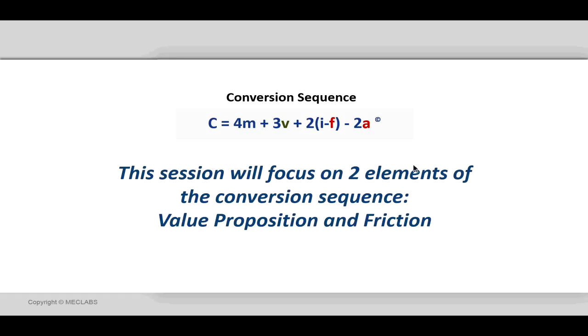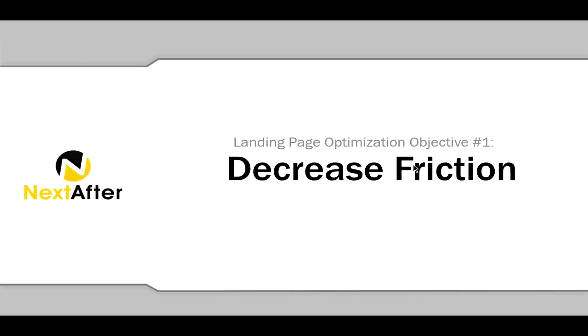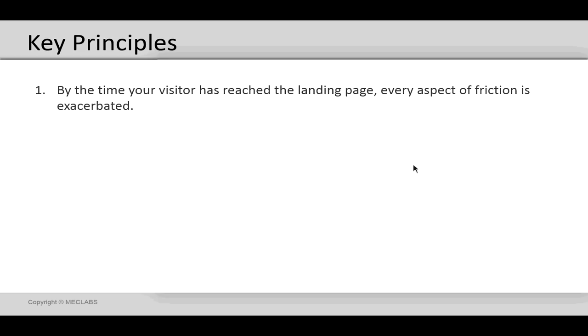So we're going to get started, and today we're going to focus on two elements of the conversion sequence, the value proposition and friction. Let's start with the first one, which is decreasing friction, which should be one of the primary objectives that you employ in your landing page optimization strategy. There are a couple of key principles we need to review. First of all, by the time your visitor has reached your landing page, every aspect of friction has been exacerbated.